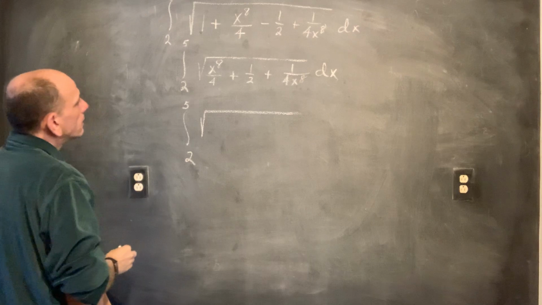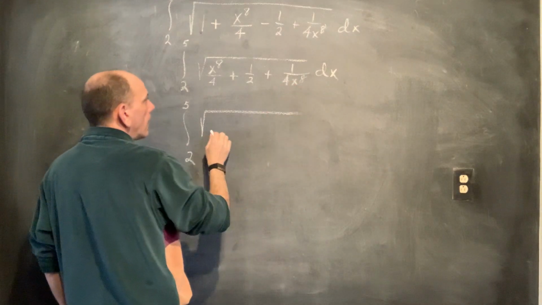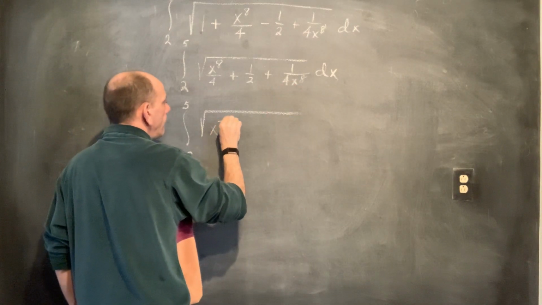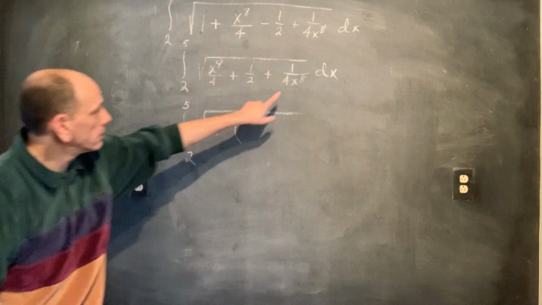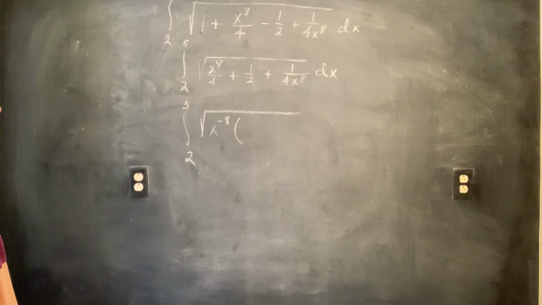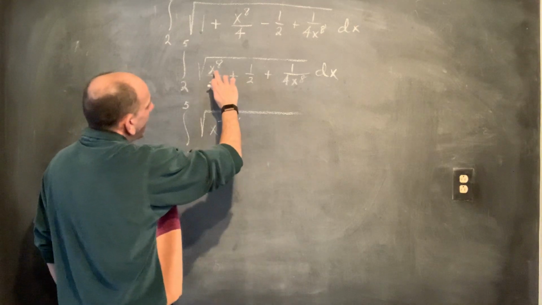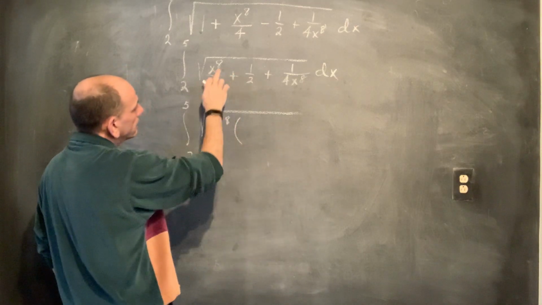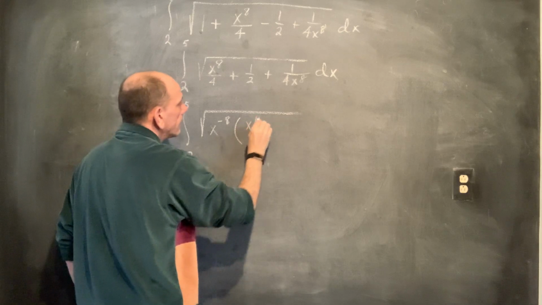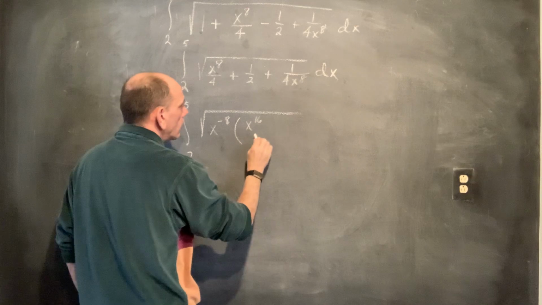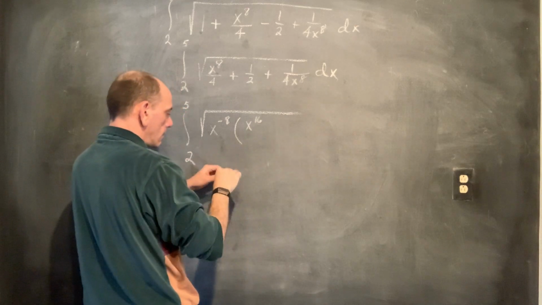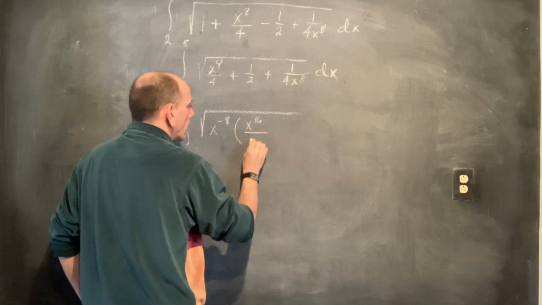So 2 to 5 square root. Now I'm going to pull out x to the negative 8. That's the least power of x here. Well, that'll give me x to the 16th over 4. Because 16 minus 8 will give me that 8.